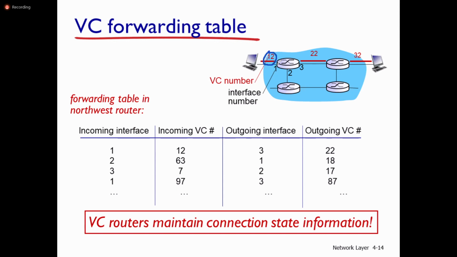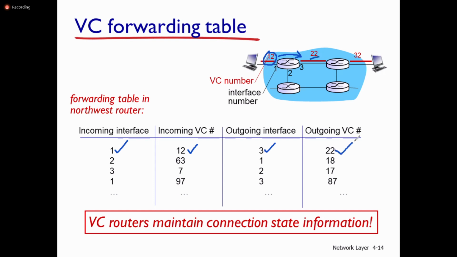The incoming interface is 1, and the incoming virtual circuit number is 12. The outgoing interface is 3, so this packet is forwarded to port number 3. Then the outgoing virtual circuit number is 22.